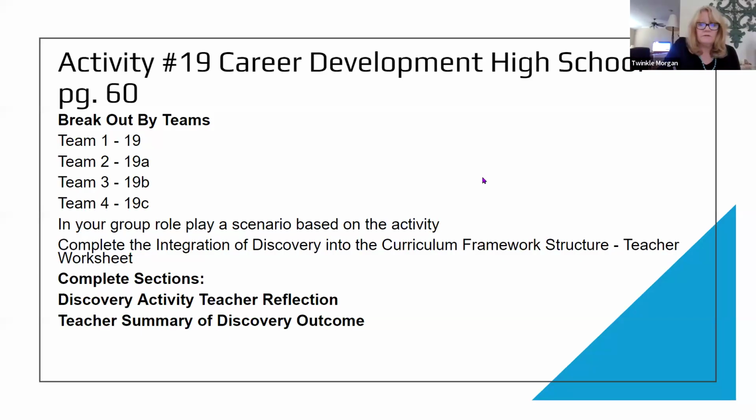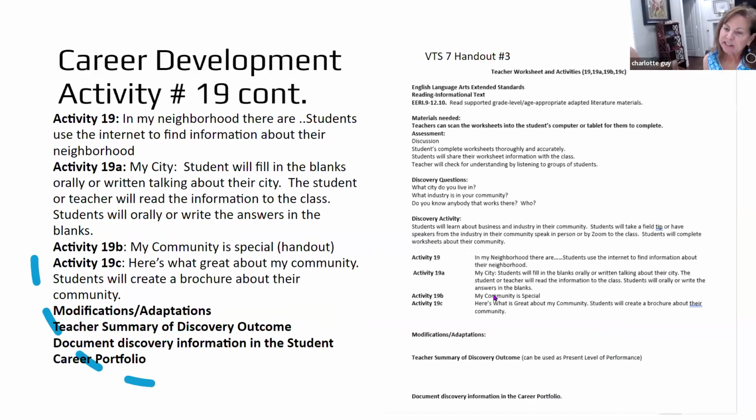So y'all know what you're going to do? Or do we need to revisit the instructions? Okay, we're going to look at the activity. One of you will actually be the teacher and the other one would be the student, and you're actually going to do this activity in your room. And then the teacher would be writing up the teacher summary and the teacher reflection.